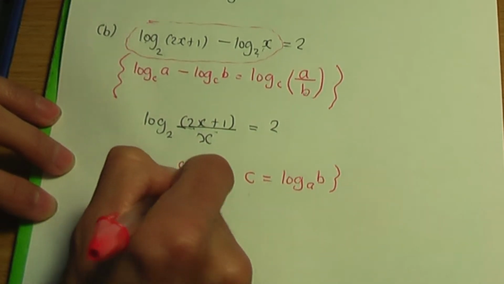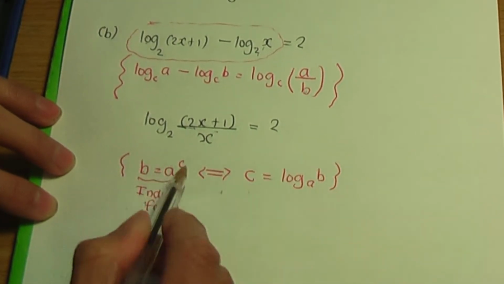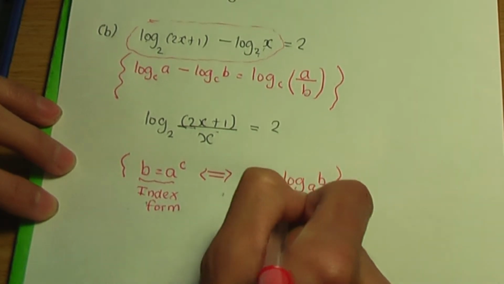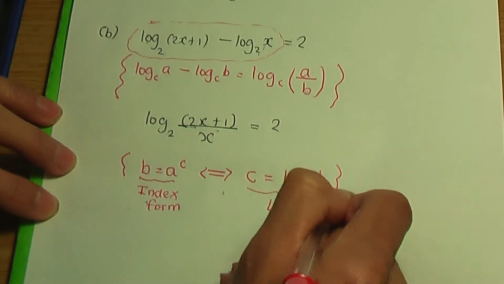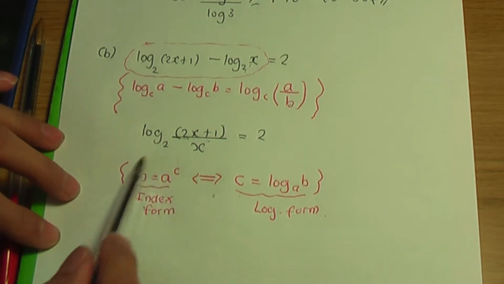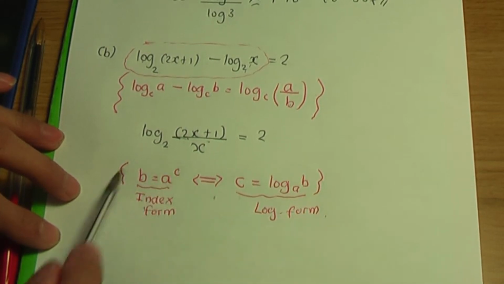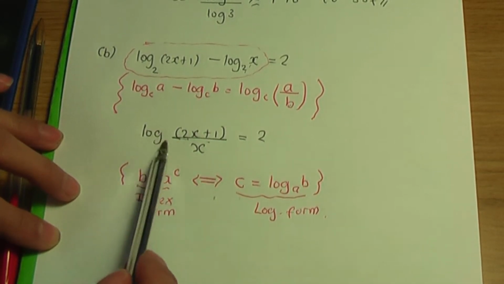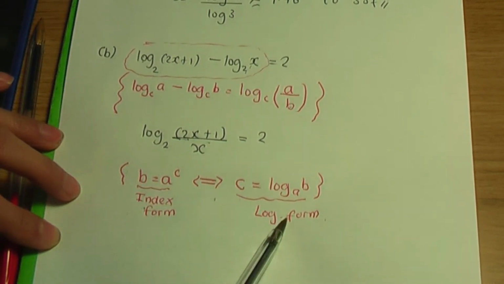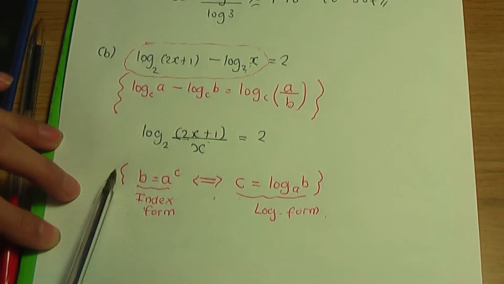This part of the relation is in index form, and we can switch an equation from index form to logarithmic form. So you can use this relation to go from index form to logarithmic form, or from logarithmic form back into index form. Now, over here we have our equation in logarithmic form. Let's use this relation to go back into index form.